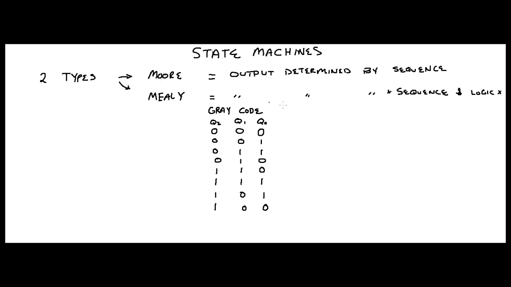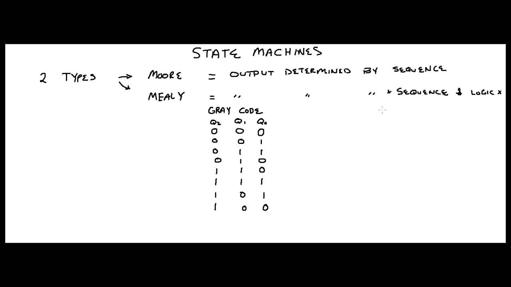Now, if you recall, the next thing you're supposed to do once you have your sequence down is draw a state diagram. If you recall that from the counters video. So let's draw it, shall we?